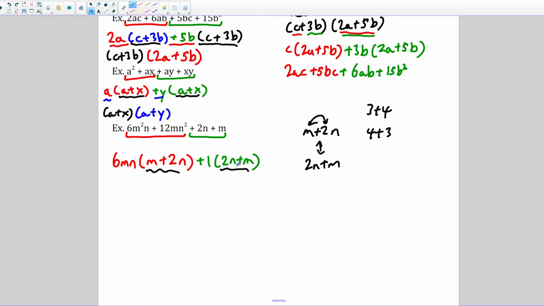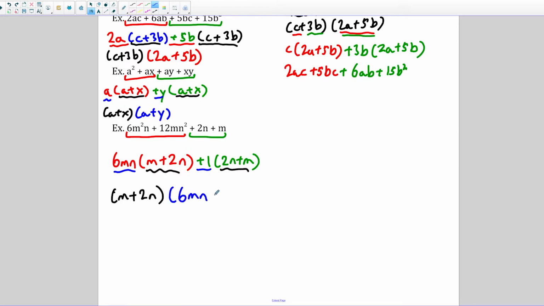So that's why we can consider these the same, even though they don't look exactly the same. Mathematically, they really are. What we can do is factor that out to the front. I will just go in alphabetical order, m plus 2n. And we'll take a look at what's left over, 6mn plus 1 is my second binomial factor.